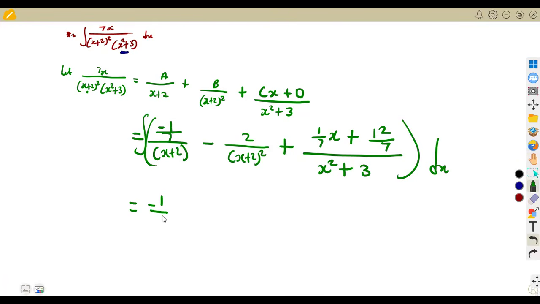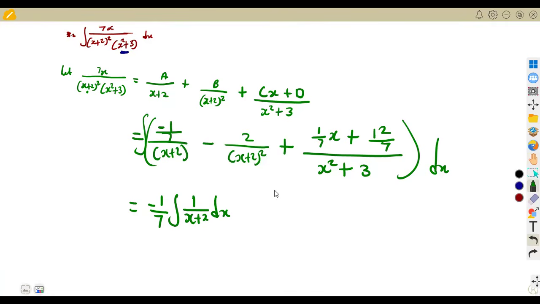Take note, guys, our A was a negative, so it's supposed to be negative there. So it's negative 1/7, the integral of 1 over x plus 2 with respect to x.